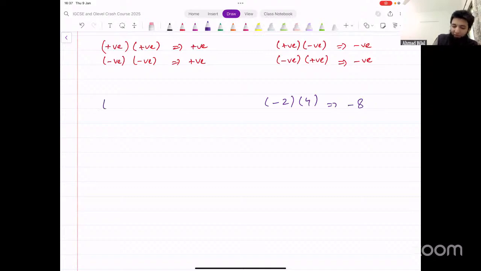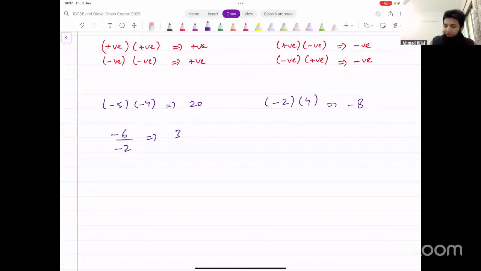If you have -5 into -4, 5 times 4 is 20. And since you've got both negative numbers, the result is positive, right? Negative and negative kind of cancel each other out. If you have -6 over -2, 6 over 2 is 3. And since both numbers are negative, the result is positive.